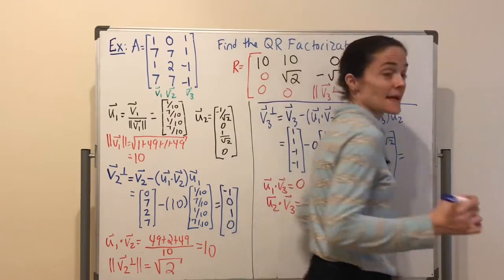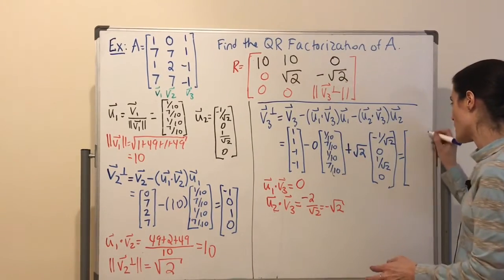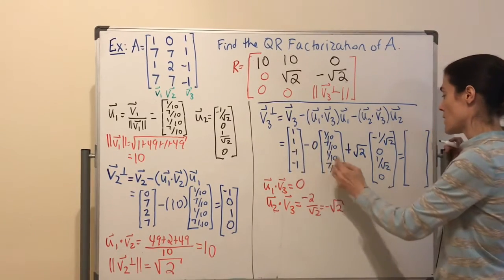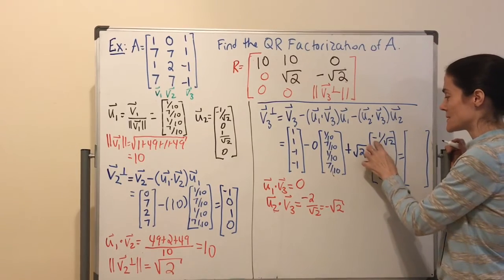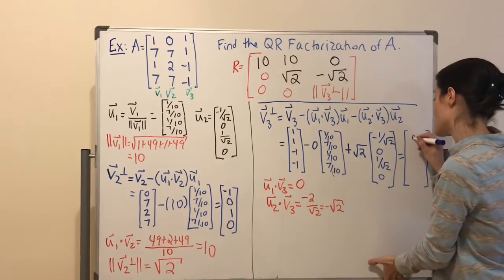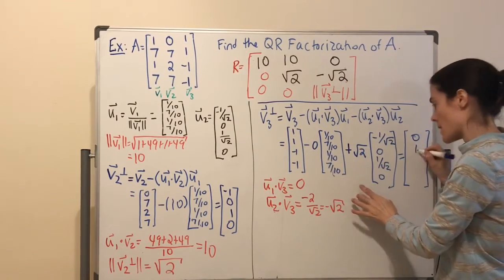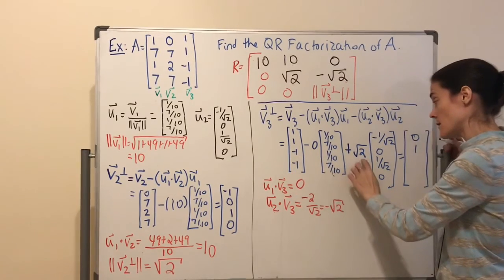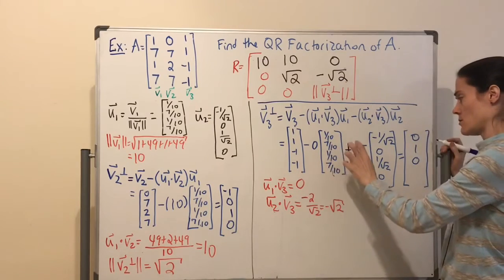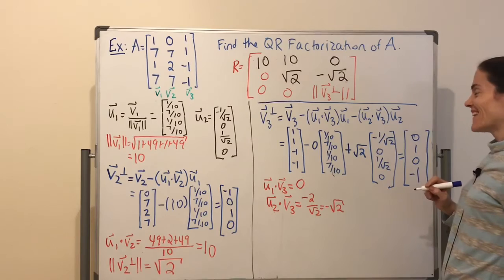And now, I think I have space for this sum because this term is 0, and so what do we get here? Well, when you multiply through by square root 2, this is minus 1 and this is 1. So we have 1, minus 1, 0. We have 1, minus 0, 1. We have minus 1. This is plus 1, 0. And then minus 1, 0, 0. This is minus 1. Okay?